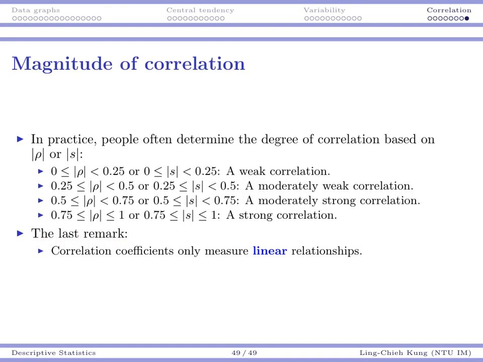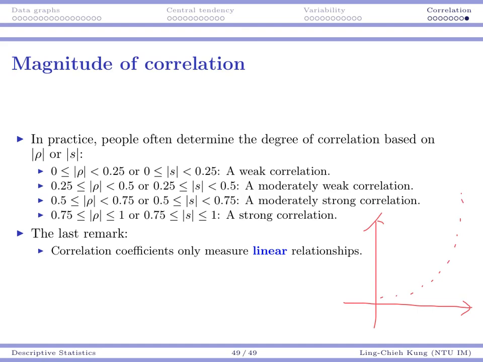There is one last remark. Correlation coefficients only measure linear relationships. You may have two variables with a very strong relationship, but that relationship is nonlinear. For example, you may have a scatter plot with points like this. You can immediately see there is a very strong relationship between these two variables.